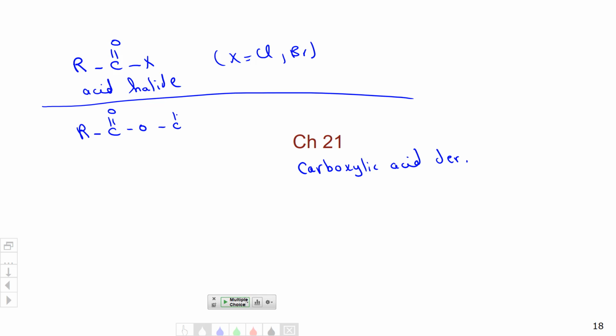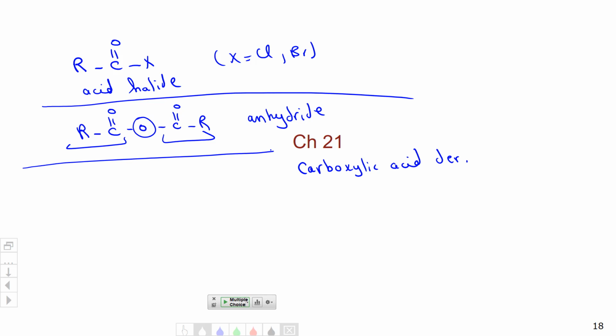We call this an anhydride. If you look at it, it is a C=O, C=O, and an oxygen in the middle. The third acid derivative, which we've seen before, is an ester.